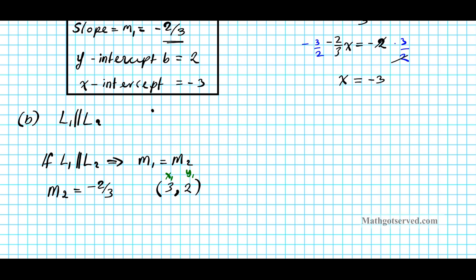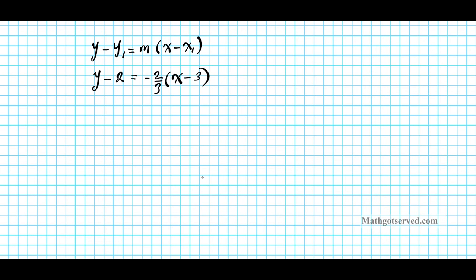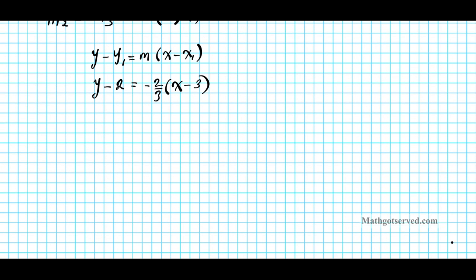So we're going to plug it into the point slope form of the equation of the line, which is y minus y1 equals m times x minus x1. So let's plug it in here. We're going to have y minus y1, which is 2, equals m, negative 2/3, times x minus x1, which is 3. So this is the equation of L2 in point slope form.